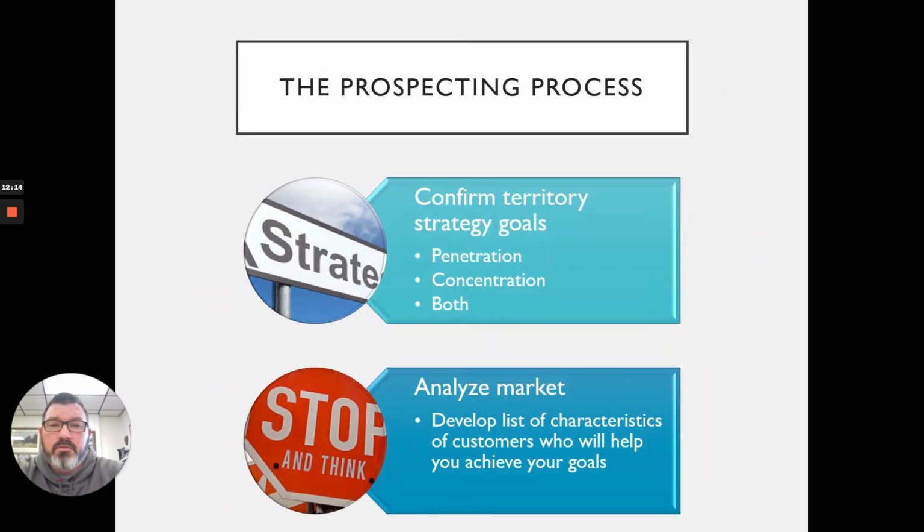So, confirm those strategy goals. Analyze the market. Develop a list of characteristics of customers that are going to help you do those things. Stop and think about that very, very carefully. If you think about this marketplace around our area here at the college, and no matter what segment of agriculture you think about, what's your preference, what you know about, there are customers in the marketplace that other people watch.